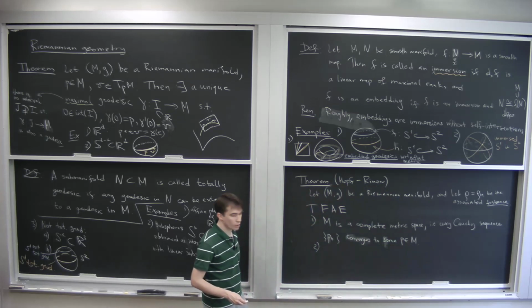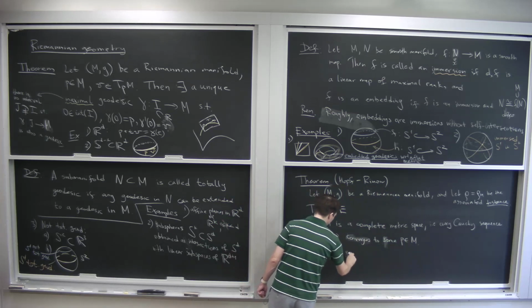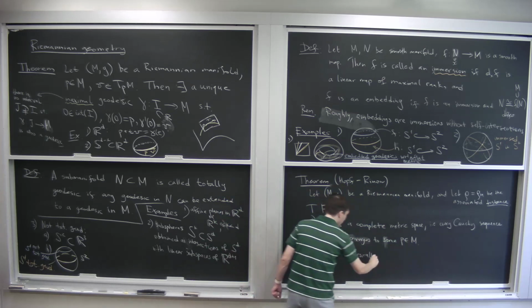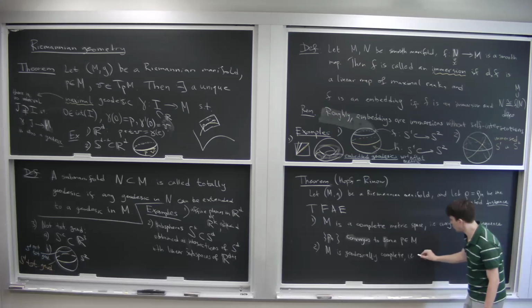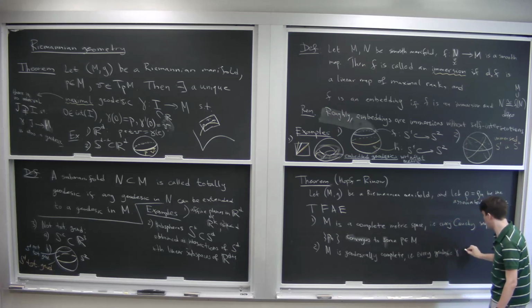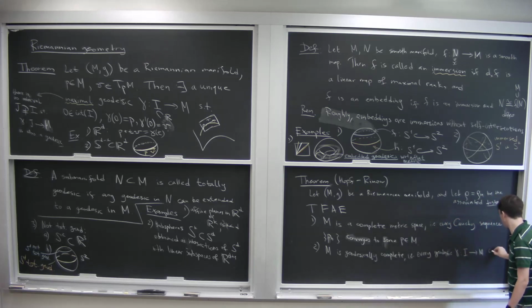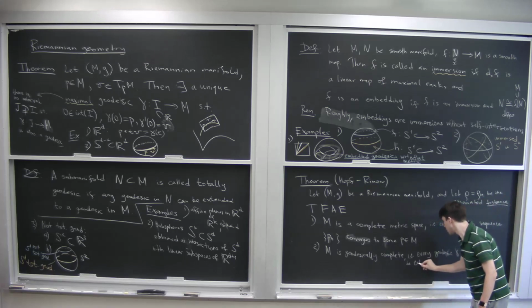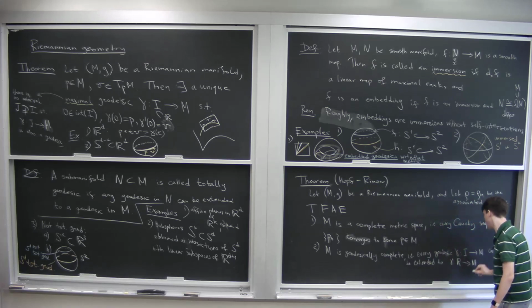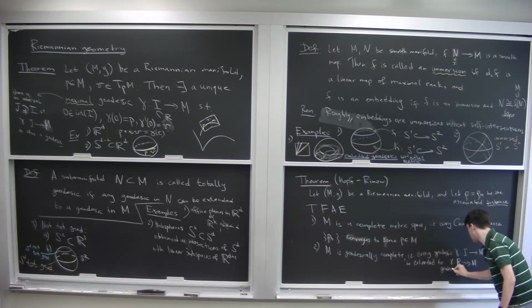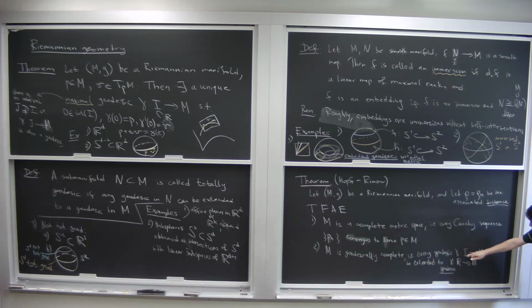The second is that M is geodesically complete, which means that every geodesic gamma from I to M can be extended to a geodesic gamma tilde from the real line to M, and this contains our interval I, right?